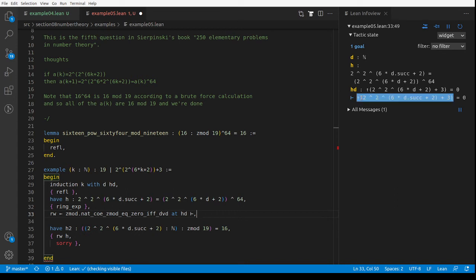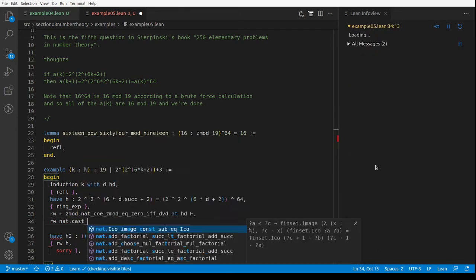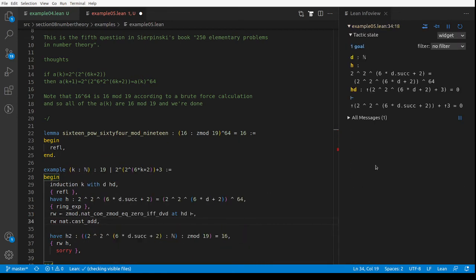I want to say that the coercion of A plus B is the coercion of A plus the coercion of B, and that's probably called nat.cast_add or something. Yeah, that's worked.